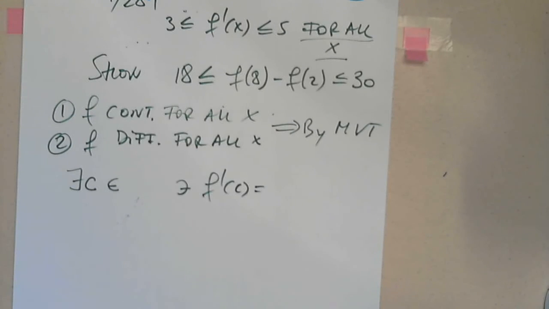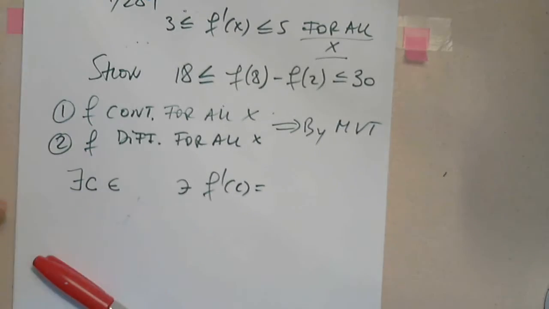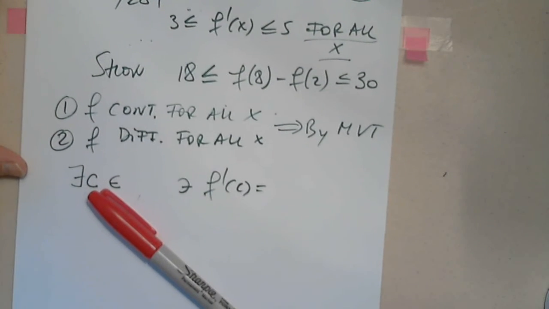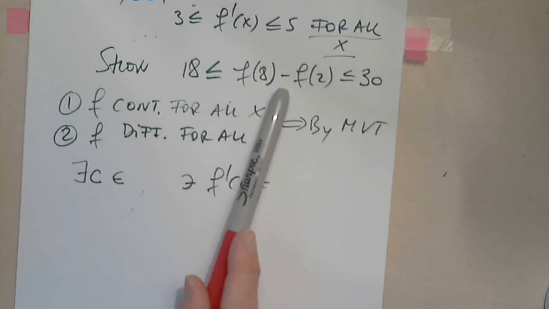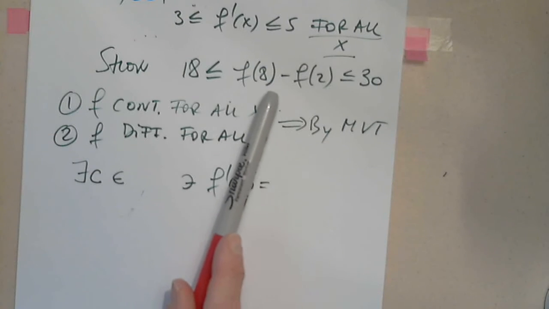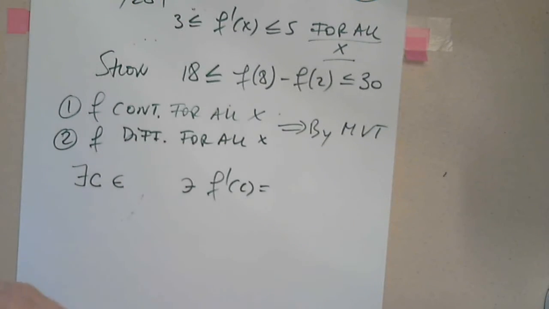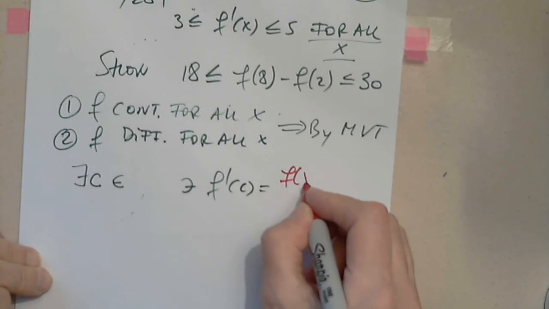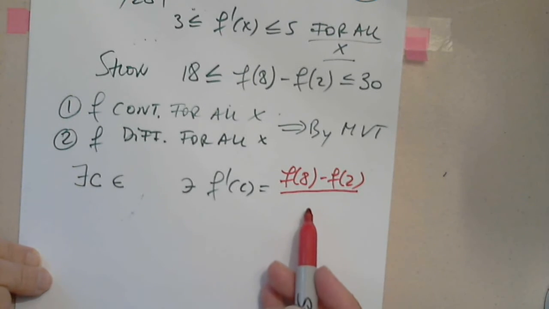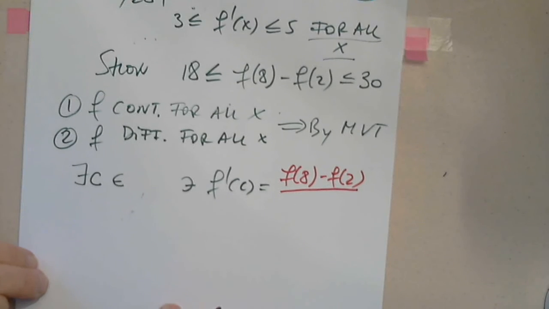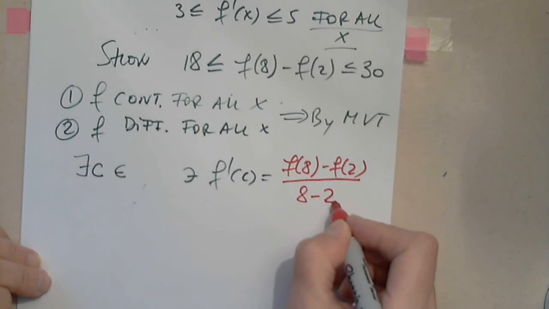Can anyone give us an idea? Obviously, I'm going to want to have this in the numerator. Then what do I have to have in the denominator? 8 minus 2.